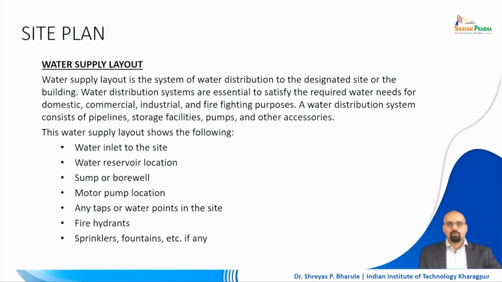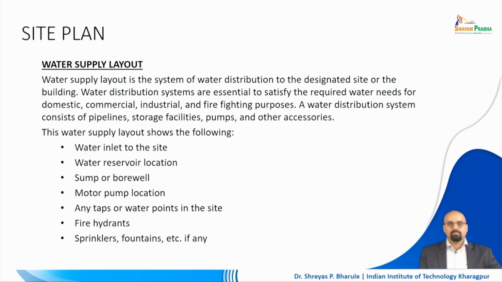Any taps or water points that are there on the site, all the interior taps are to be done in the interior layouts, and all the exterior taps are to be drawn in the exterior layouts on the site plan, right. And all the fire hydrants which will be located, if there is a large site, as we started off in the first slide itself, that there will be fire hydrants in case of larger sites, those are to be also mentioned, and sprinklers and fountains.